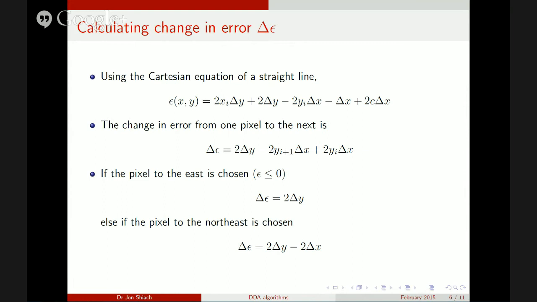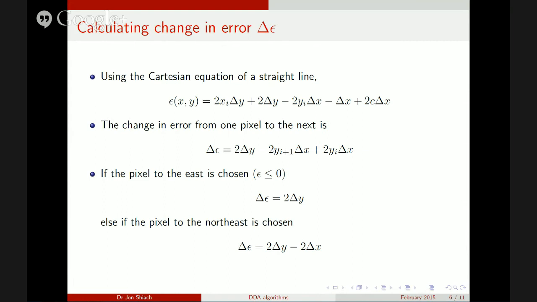So that's going to be 2mx, but I want it at the next pixel along. I want to know what the error is at this pixel, because I've already shaded this one. So instead of x dash, I have xi plus 1, plus c, minus 2yi minus 1.